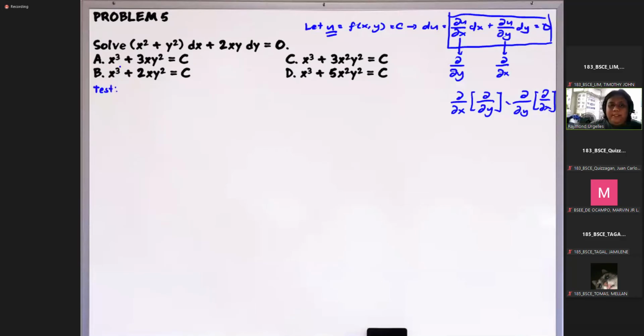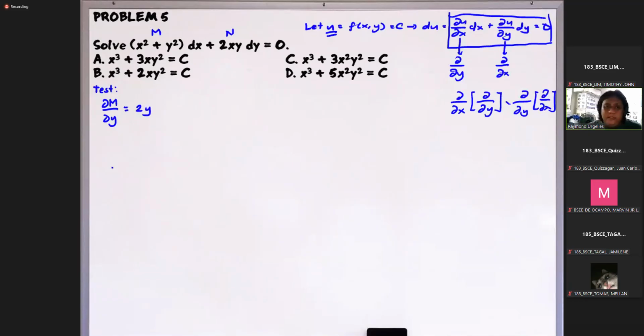For the test of exactness, let's call the terms M and N. We get the partial of M with respect to y. Since we treat x as constant here, the derivative of x squared is 0, and the derivative of y squared is 2y.